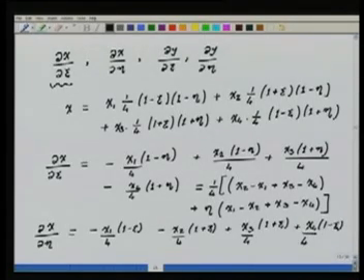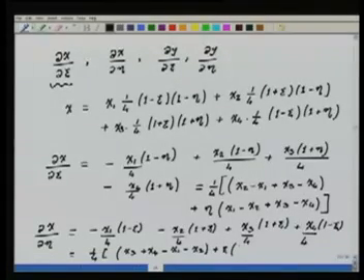If I collect, it will be 1 by 4 of (x3 plus x4 minus x1 minus x2) plus ξ into (x1 minus x2 plus x3 minus x4).